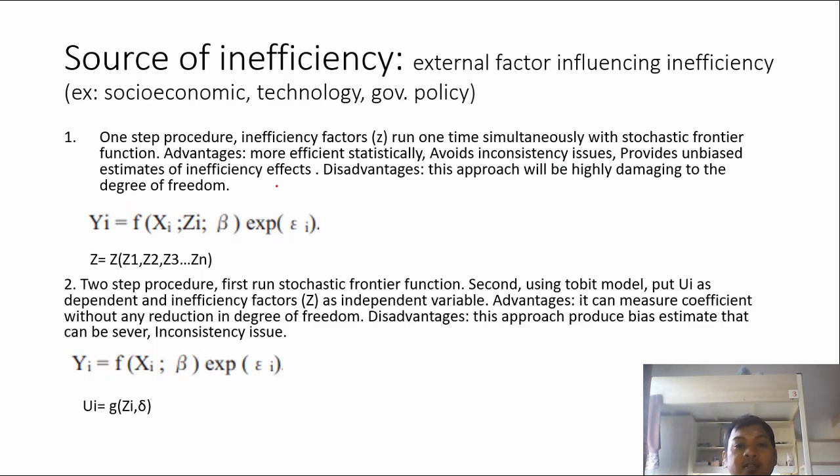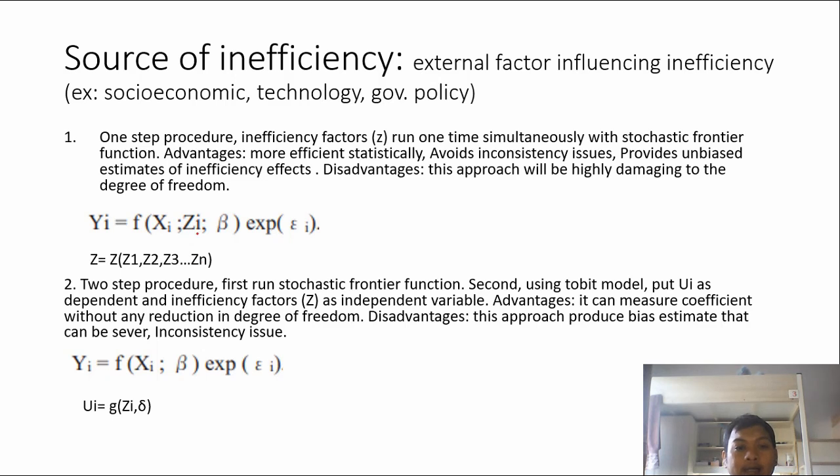The disadvantage is this approach will be highly damaging to the degrees of freedom. This is the formula: Y is a function of x, z_i, and beta. It means the output is a function of the input and the inefficiency.